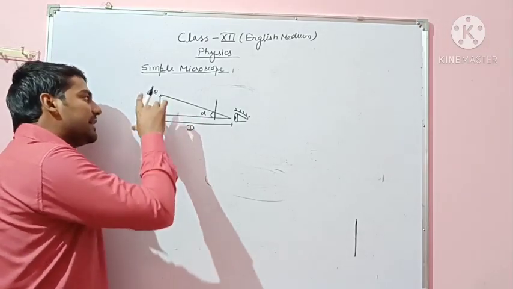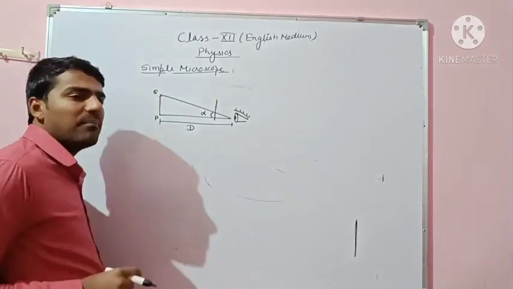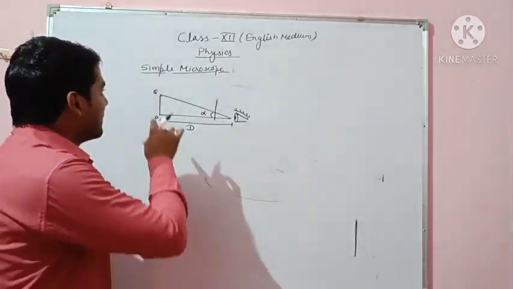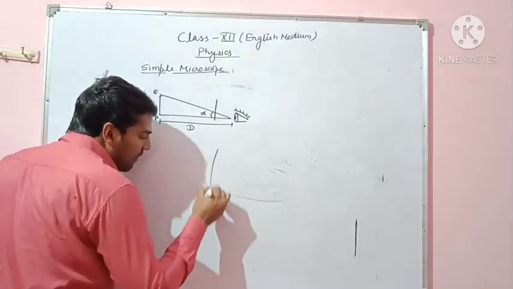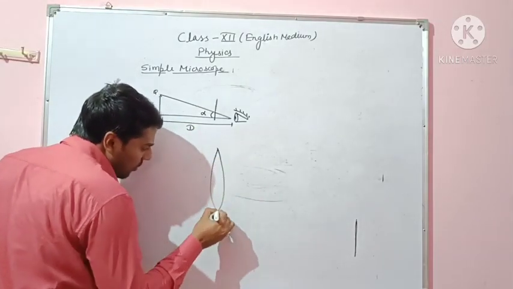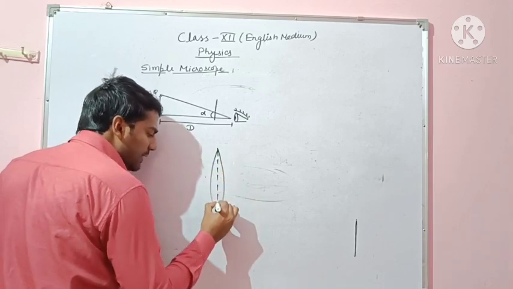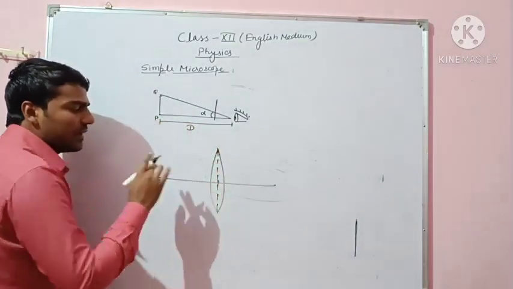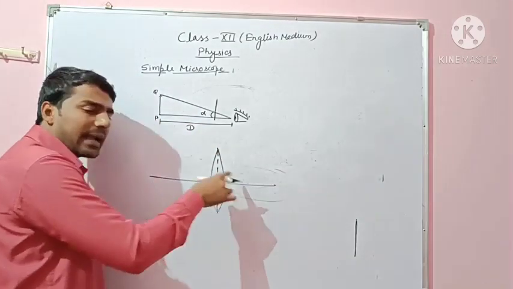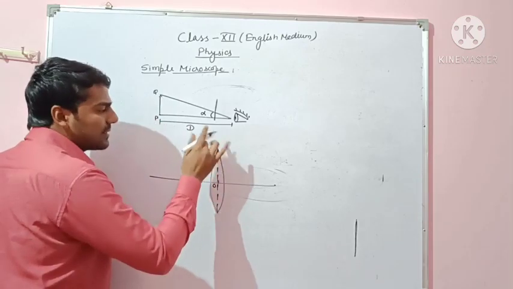After that we see the very small object PQ through the magnifying lens, or the simple microscope. Let us consider we have a simple microscope or magnifying lens, in which there is a convex lens, this one. This is the main axis. This is the optical center of the lens.